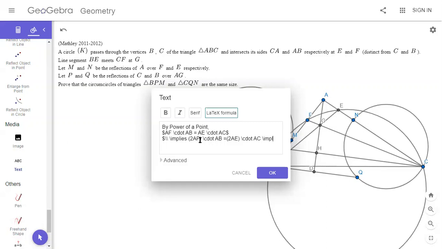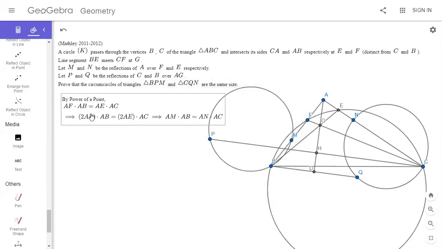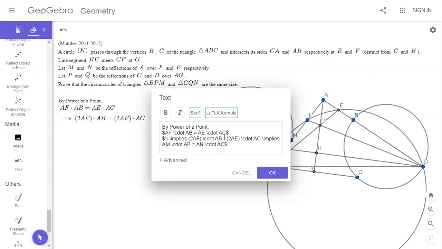And that means that AM times AB is equal to AN times AC. All right. And that means that BMNC is cyclic.